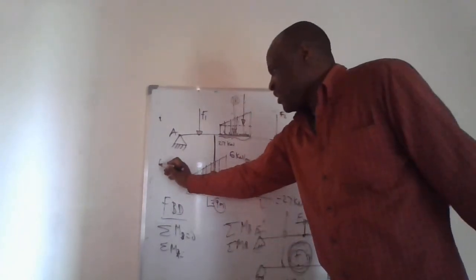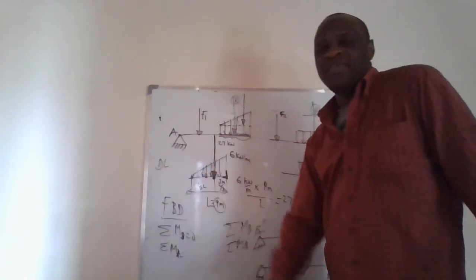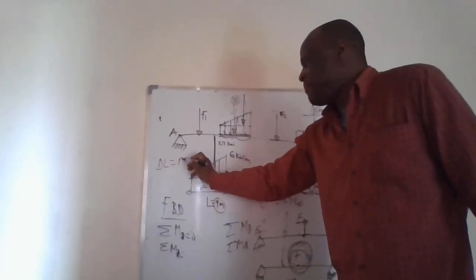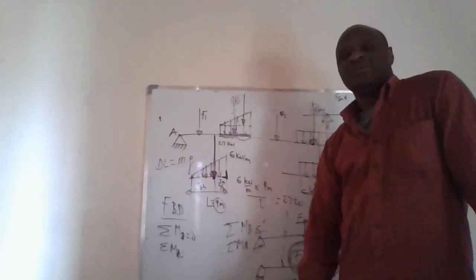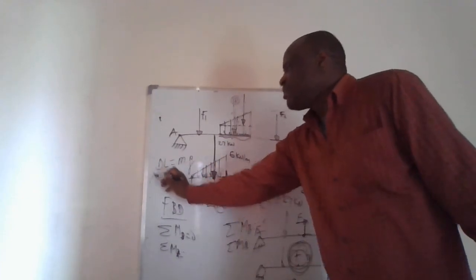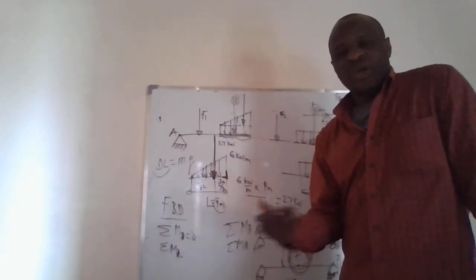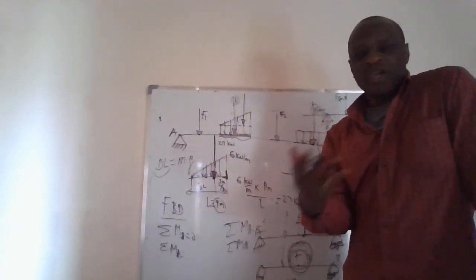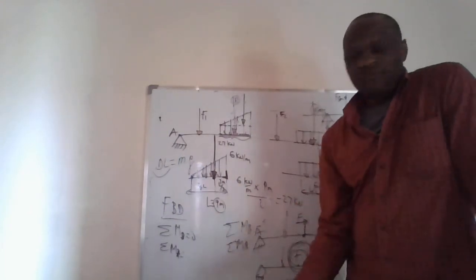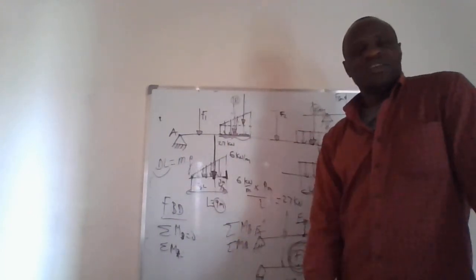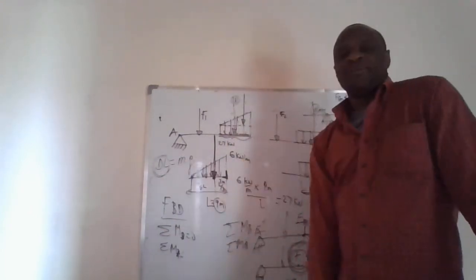Reminding as well, the dead load of a beam is the mass of the beam times g. The dead load of a beam is just the self-weight of the beam. To get the weight of the beam, if the mass is given, you just take the mass times g. You get the dead load of the beam.